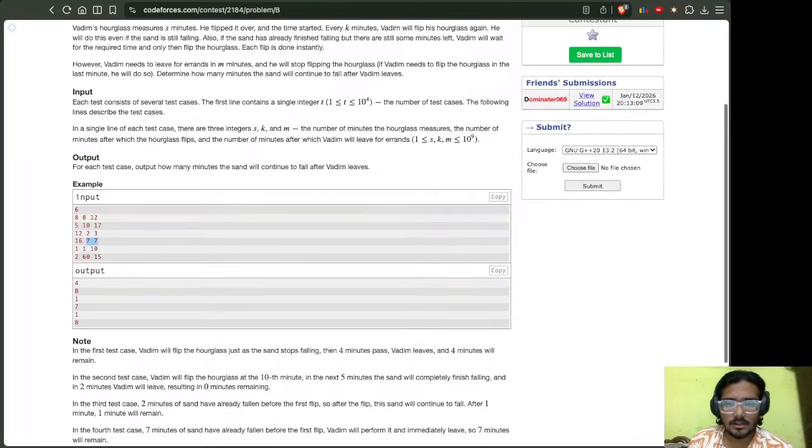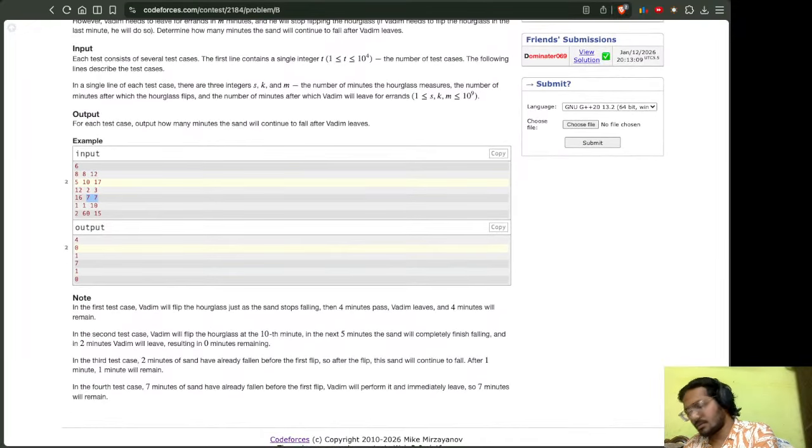If m is smaller than k, then we subtract from the total reserve, that is the minimum of s and k, which will be 2 with 15, and it will come negative, so 0.